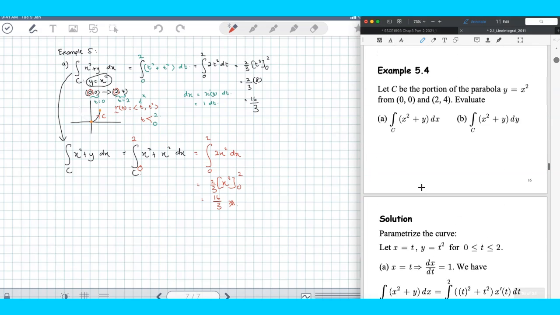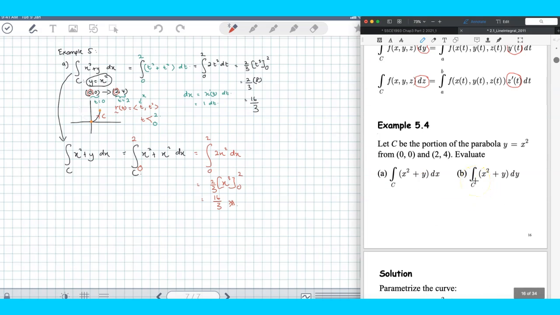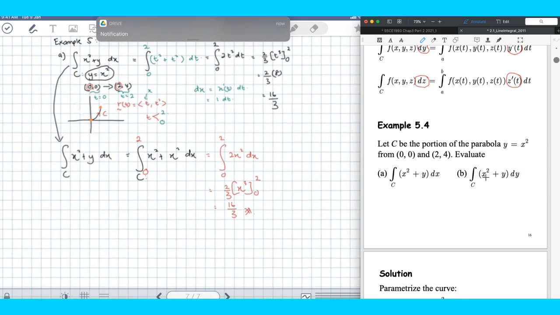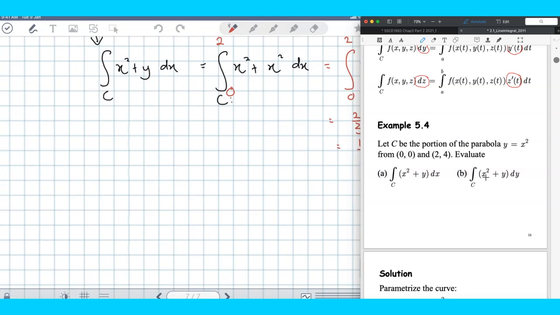Okay, now we'll look at the second question using the same curve but a different line integral. So now we look at part B. The integrand is the same but with respect to y.